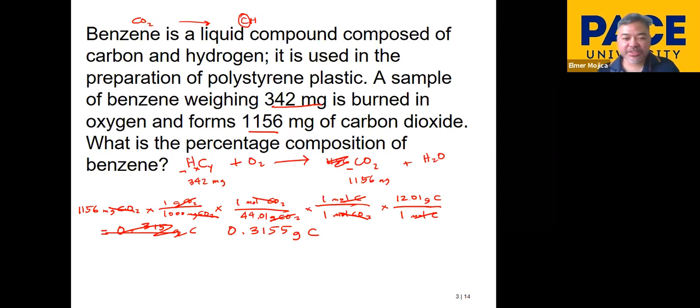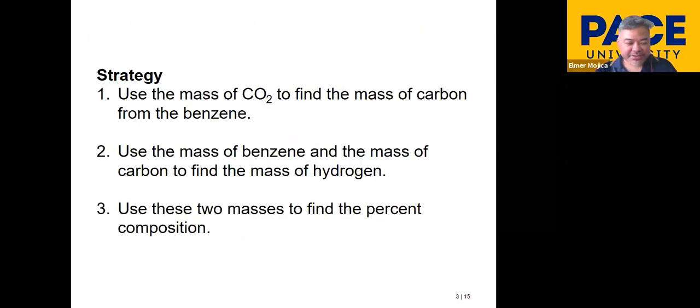So that is equivalent to what? 315.5 milligrams. So what's the next step that we're going to do based on the strategy that we're given here? You use the mass of benzene and the mass of the carbon to find the mass of the hydrogen.